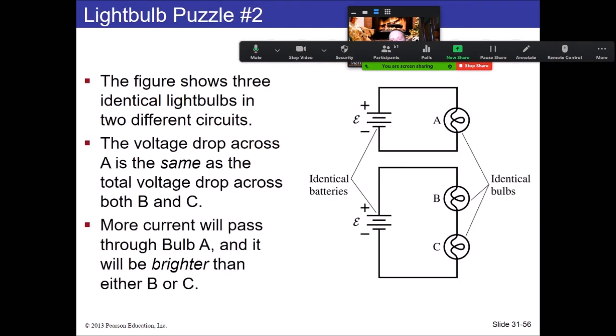All right, so let me give an example here. It's a little puzzle to think about. The top circuit has a battery hooked up to a single light bulb.